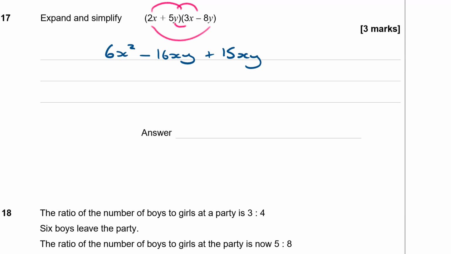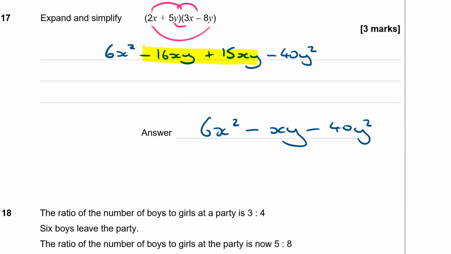And finally, 5y times negative 8y is minus 40y squared. I've got two terms in the middle which I can bring together. So minus 16 plus 15 is minus 1. So my final answer is going to be 6x squared minus xy minus 40y squared.